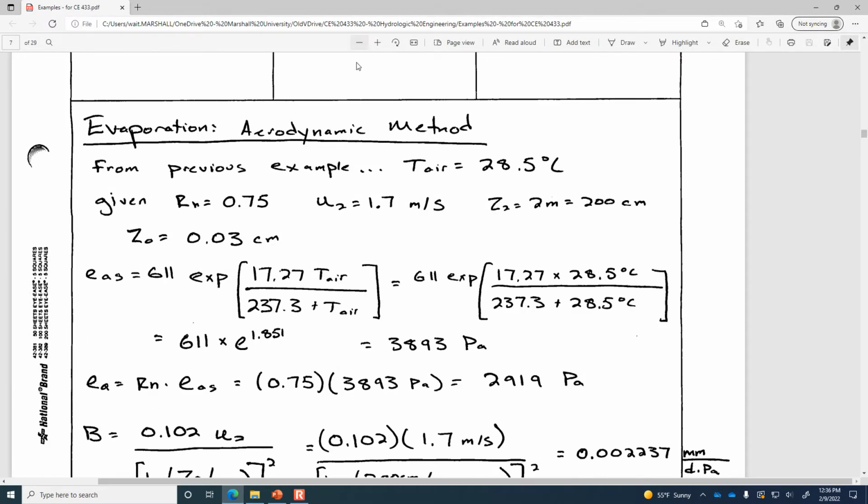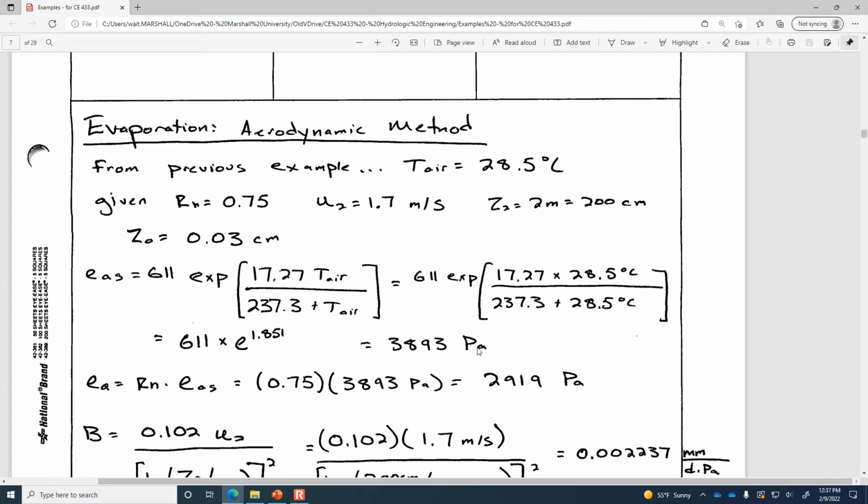So in this series of substitutions, you can see that although in the energy method we had to change the temperature over to Kelvin, in aerodynamic it stays as Celsius. That's just how the empirical equations have been arranged. And so based on the air temperature, we can figure out that the saturation vapor pressure, 3893, that's just saying how much water could be in the air.